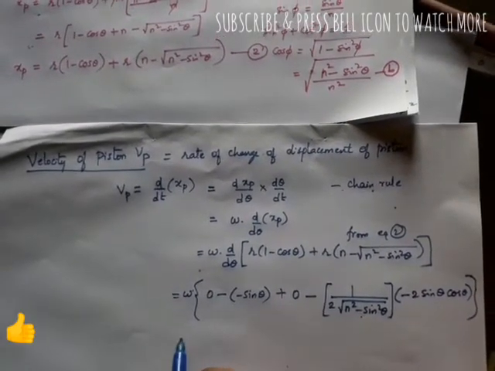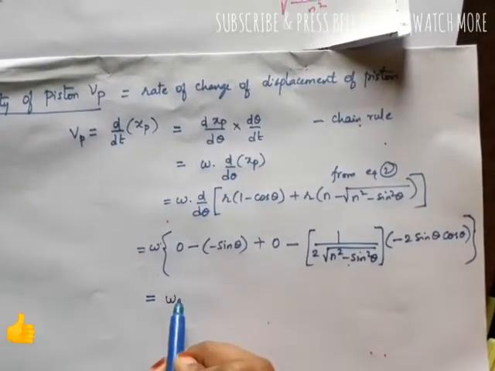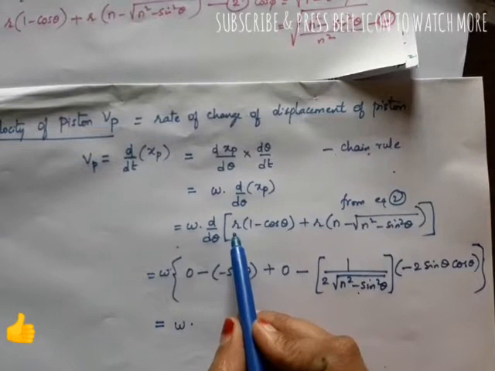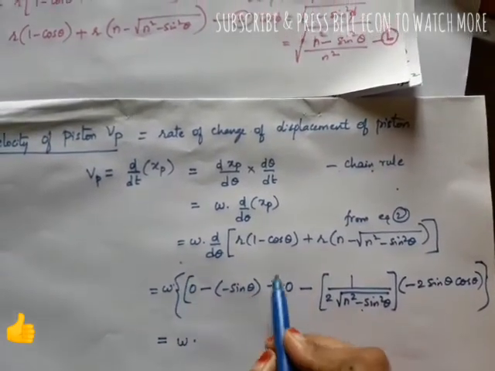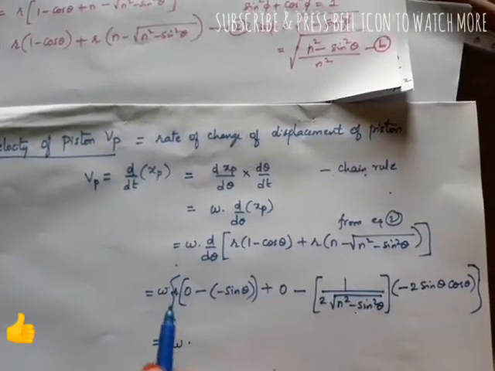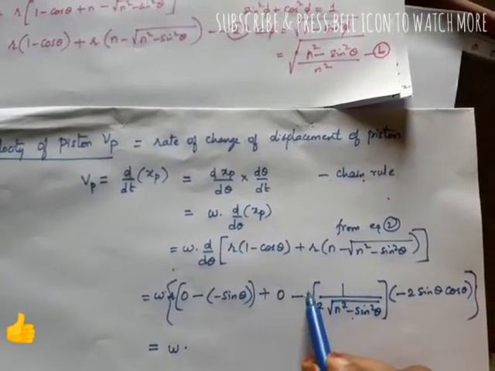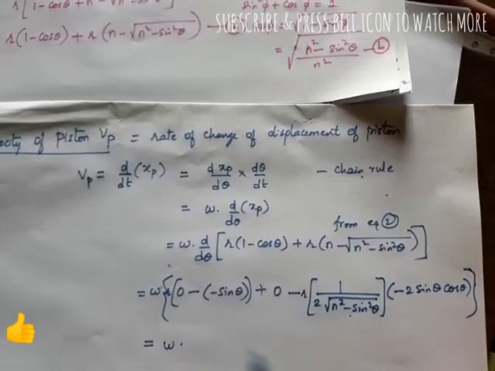So this will be our omega into, since I have this r as constant, this must have come out. So this will be r, this r I have to take. Again here also there is an r, we have differentiated only this term.